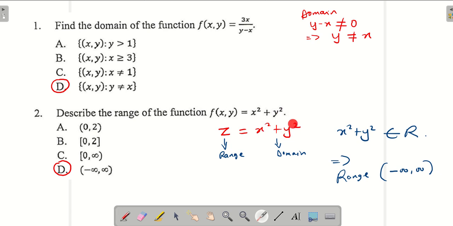It means that whether you put in negative values or positive values or even 0, you will still get a solution to the function. Therefore, the range is defined on all real numbers, and that is from negative infinity to positive infinity. The answer is D.